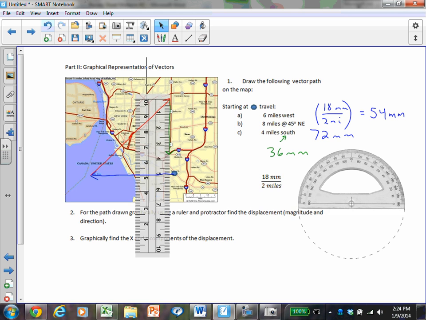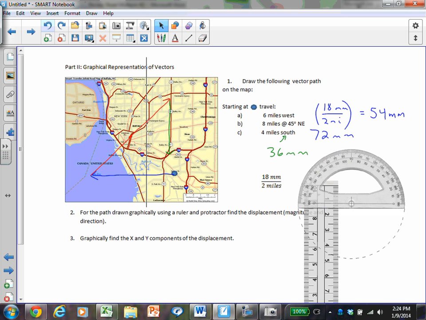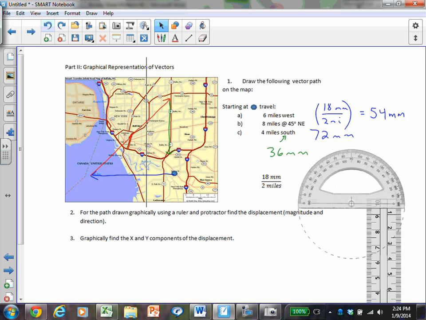So, yeah, you end up right over here. So the displacement then will be a vector like that.